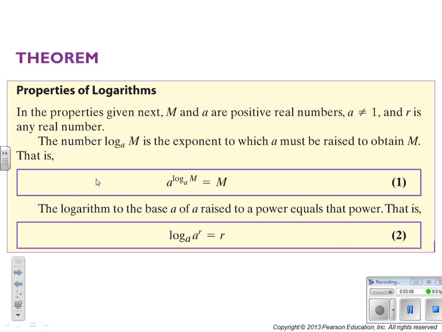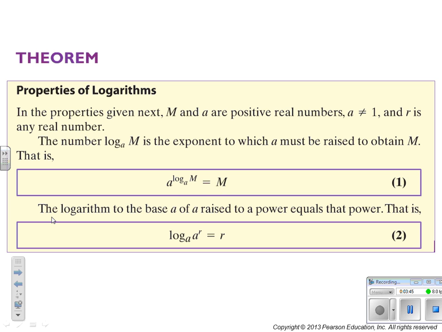So when you take a log of base a of m and put it in the exponent of the same base, you just get out the m. So a to the log base a of m is m.